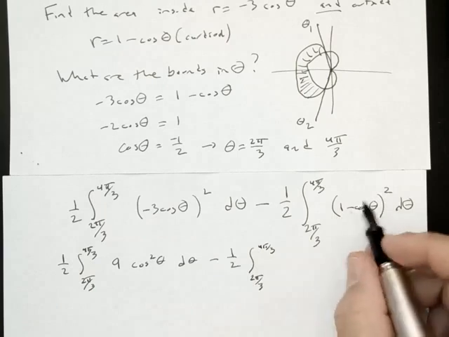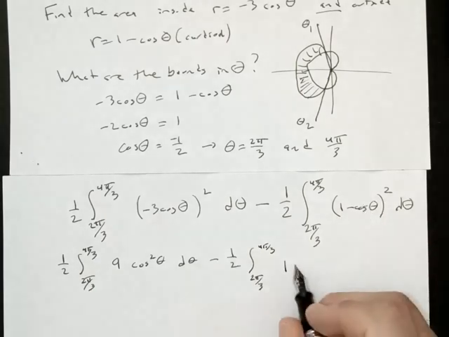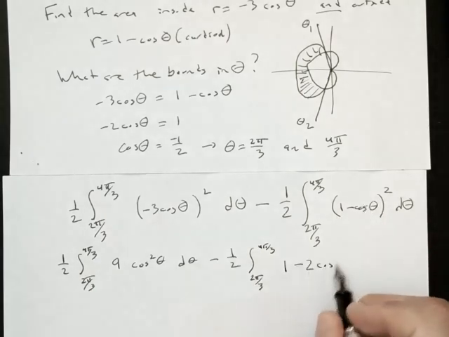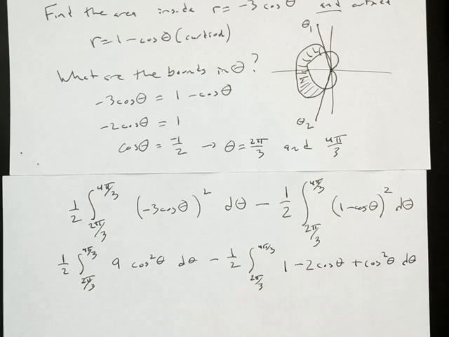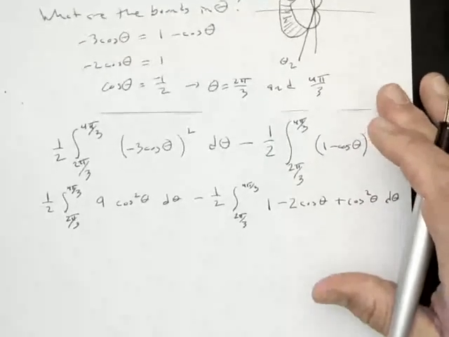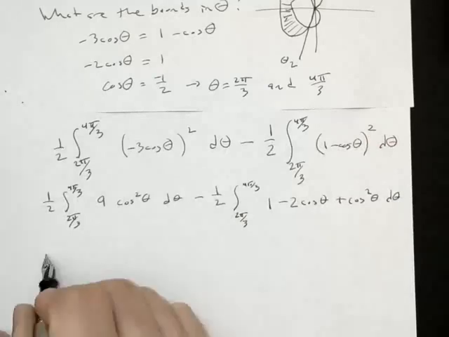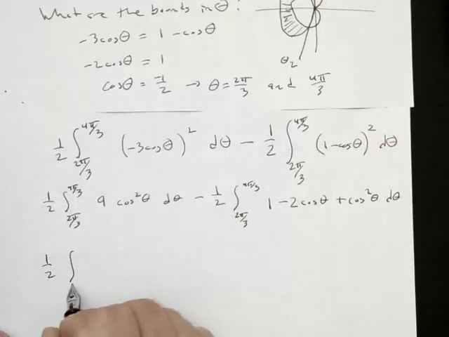Now this is all a binomial, so it's first thing squared minus 2 times the first thing times the second thing plus the second thing squared. Notice there's a 1/2 in front of both pieces. The bounds are the same, which means instead of doing two separate integrals, I can combine these into one integral.